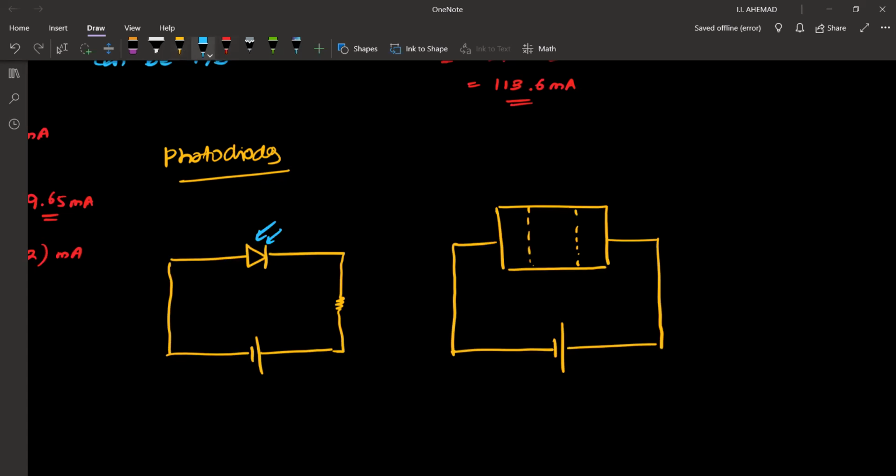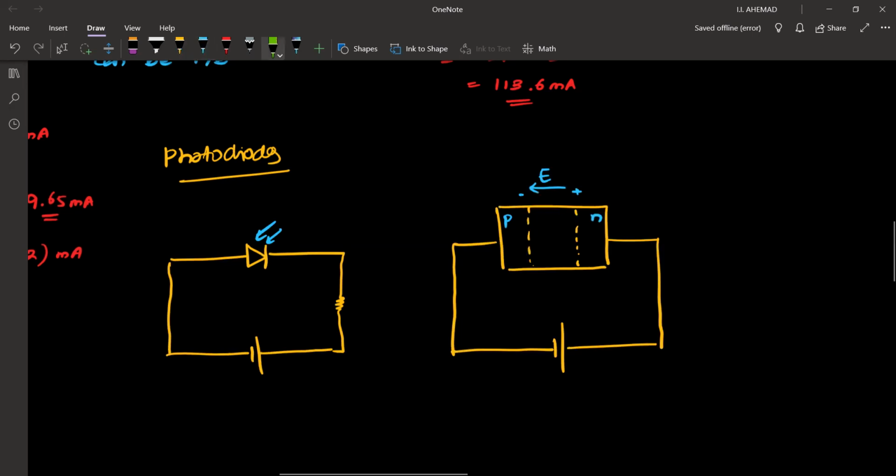The negative terminal of the battery is connected to the P region, and the positive terminal of the battery is connected to the N region. And here you have plus, minus. We will have an electric field set up in this direction.